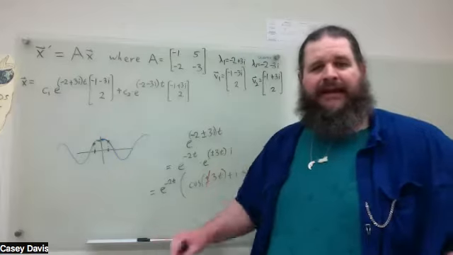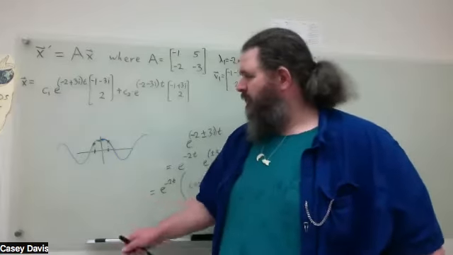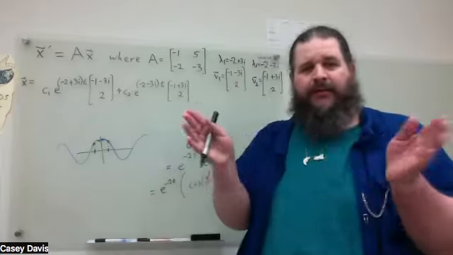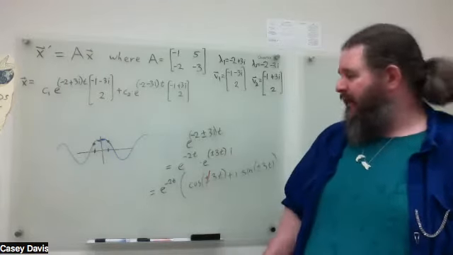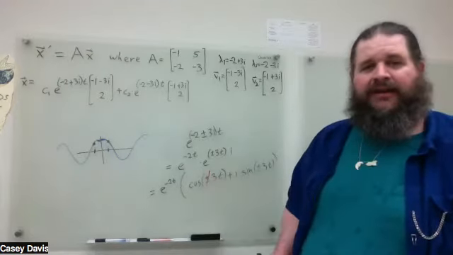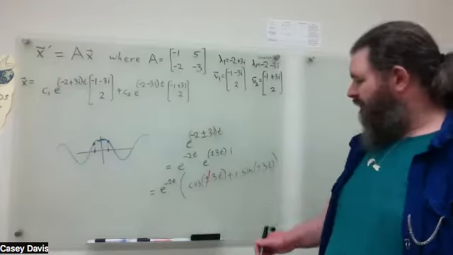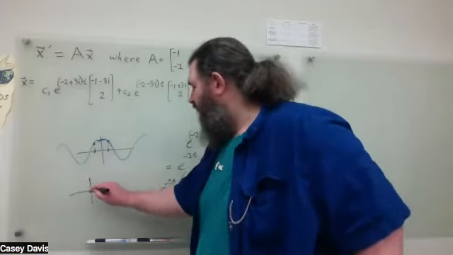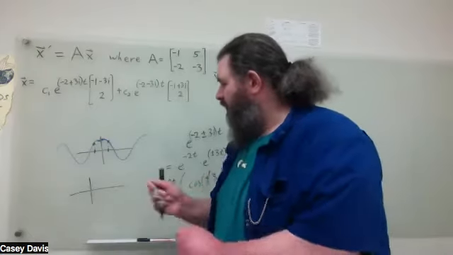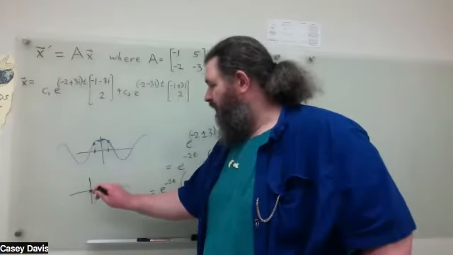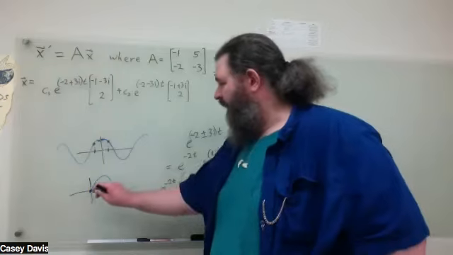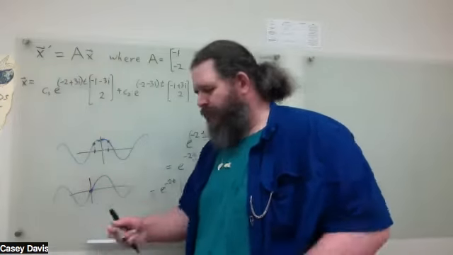And that's true for any even symmetry function. Any function that's completely symmetric around the y-axis is going to have this property, that a plus or minus in the input can be ignored. Whereas for a sine function, sine has the other kind of symmetry around the origin. It starts at 0 through the origin and goes this way on one side and the opposite way on the other side.